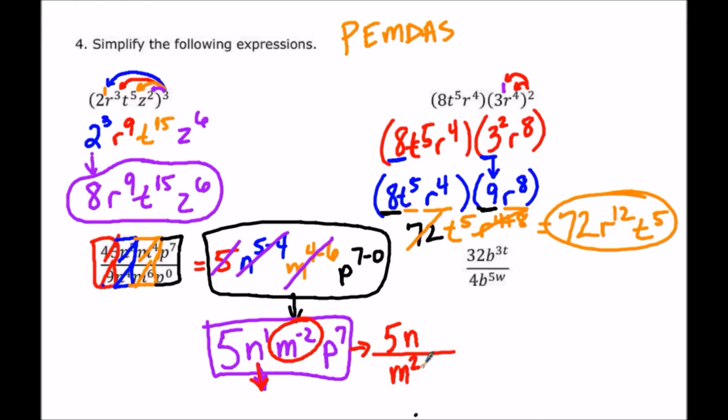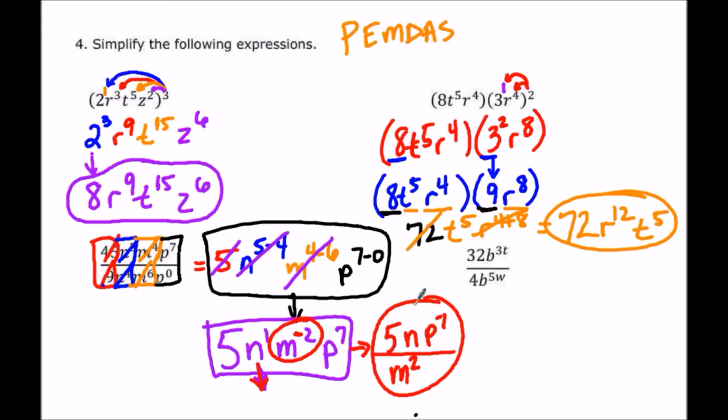And when it moves, the exponent becomes positive, because it was a negative exponent and didn't like living there, but once it moves, it's happy. So the exponent becomes positive. And nothing happens to the p. It just stays put. I have all different bases, and all the exponents are positive. So they are happy campers.